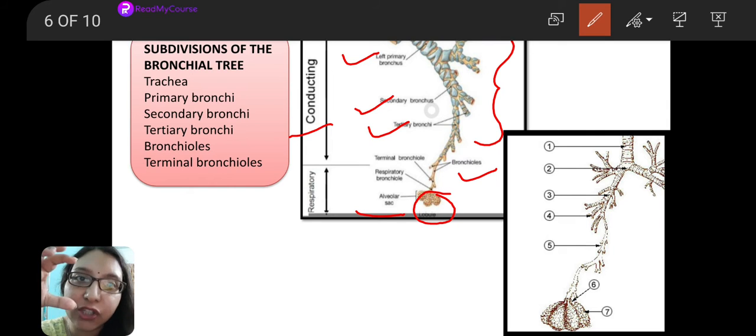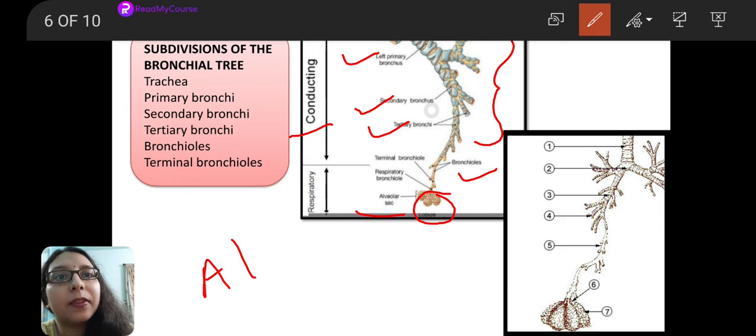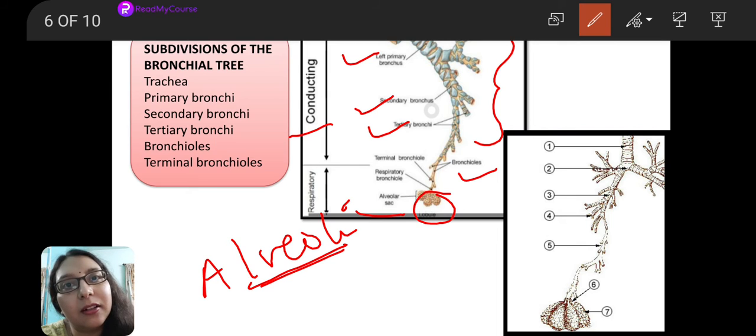And the main gaseous exchange is taking place where? It is taking place in the alveoli. This is the main place where gaseous exchange is taking place. Okay.